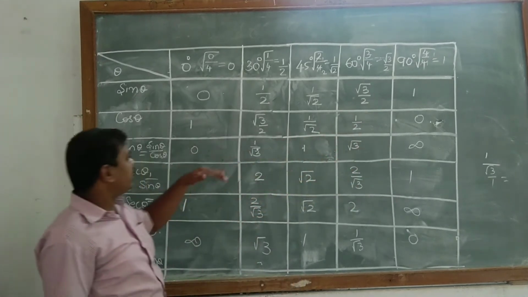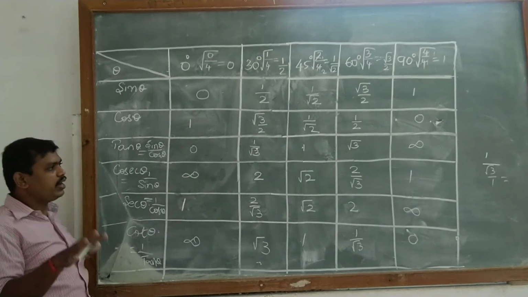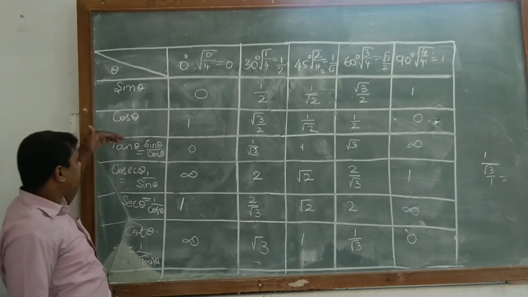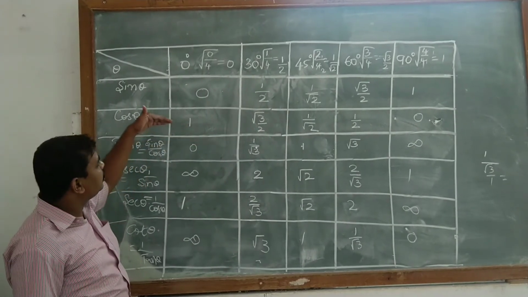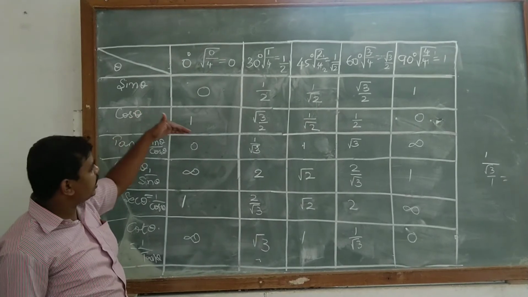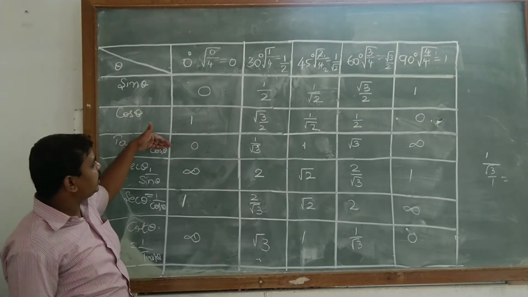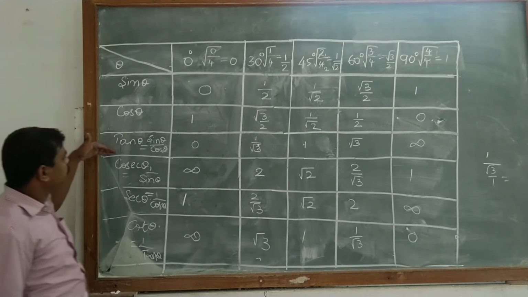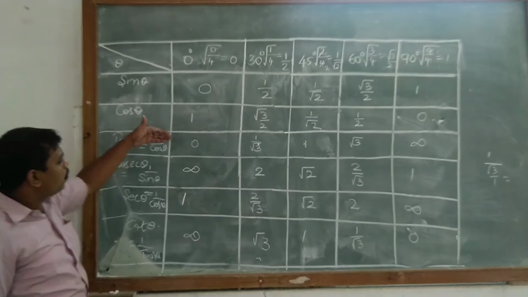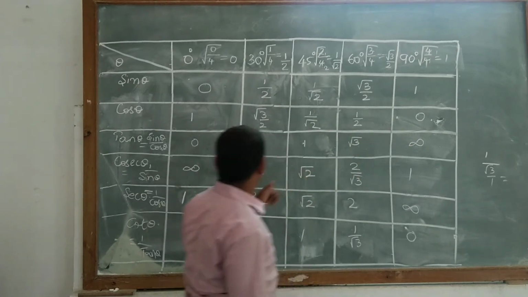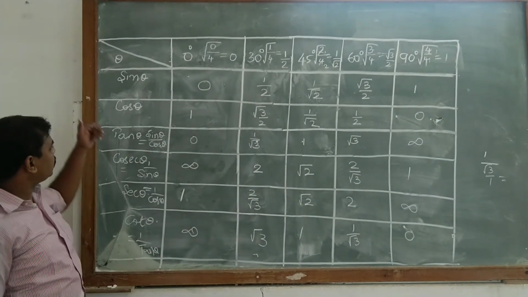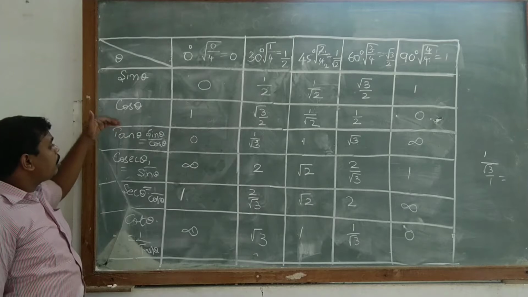When you observe here, there is again a trick, there is a logic here. Whatever the tan values are here, that is 0, 1 by root 3, 1, root 3 and infinity, these are the tan values.